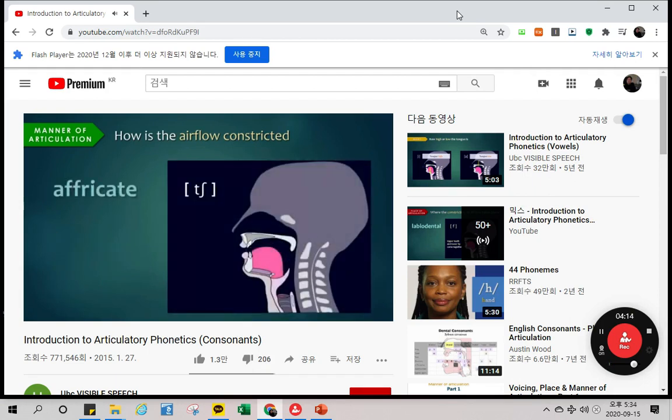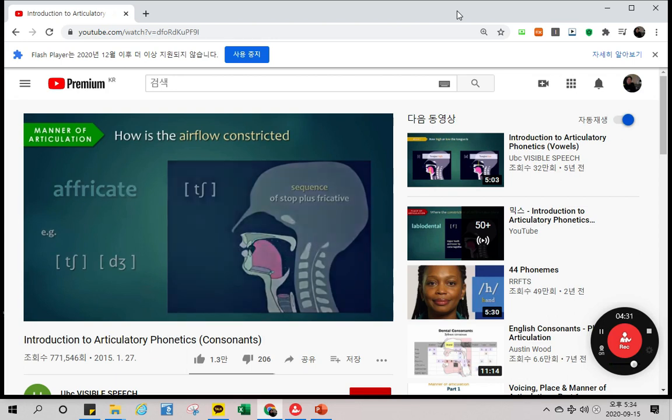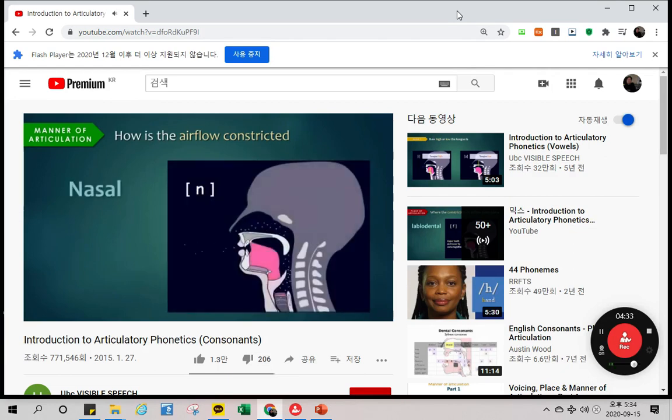Affricates result from the sequence of stop plus fricative in rapid succession. So the affricate ch represents t plus sh, just as the affricate j results from d plus j. Nasal sounds are produced when the velum is lowered, allowing air to pass through the nasal cavity.